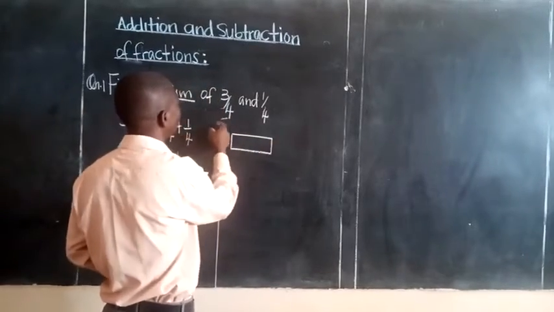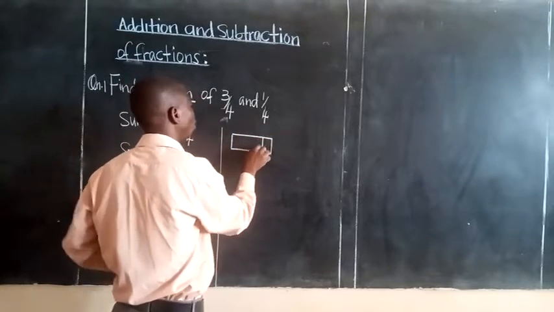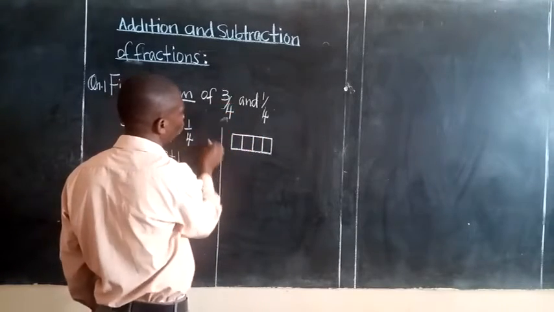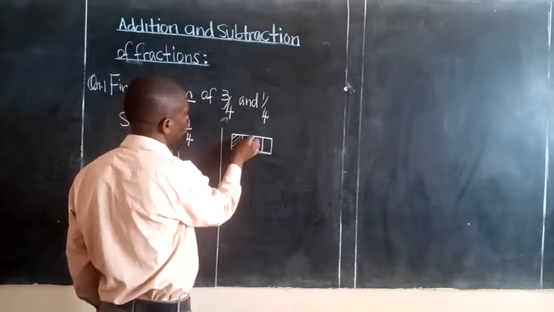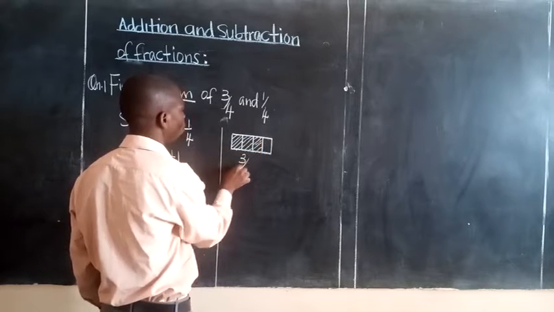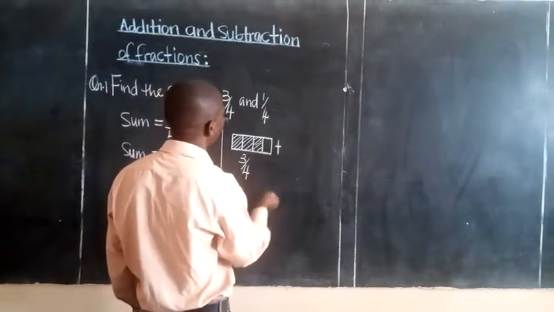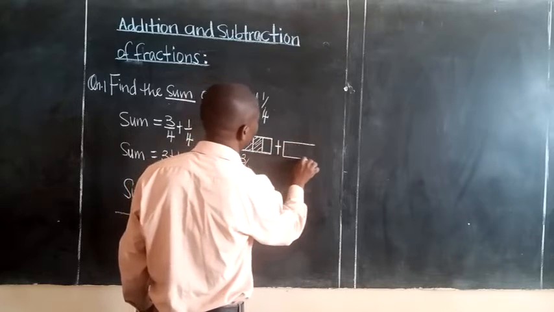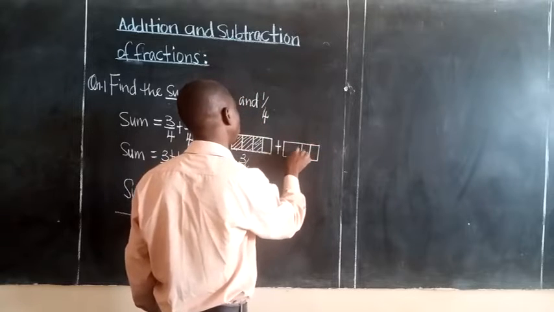The denominator is 4, so we are going to divide this one into 4, like that. And then they are saying 3 out of 4. That is 3 out of 4. Then plus 1 out of 4. 1, 2, that is 4.